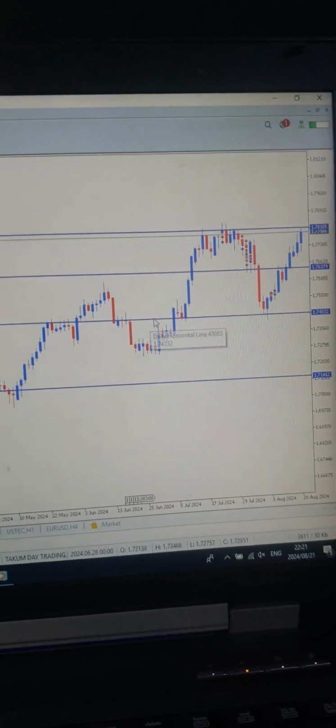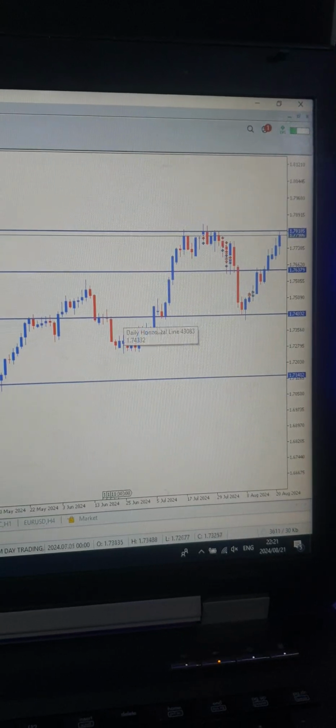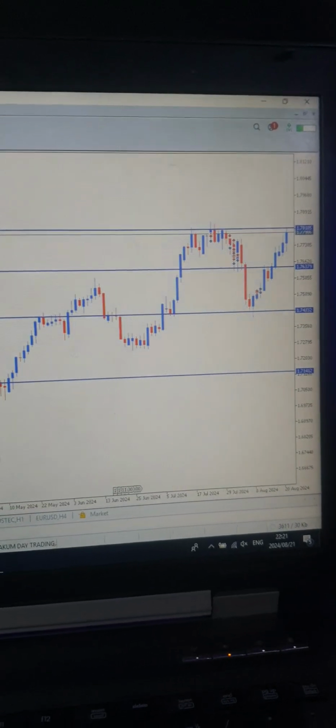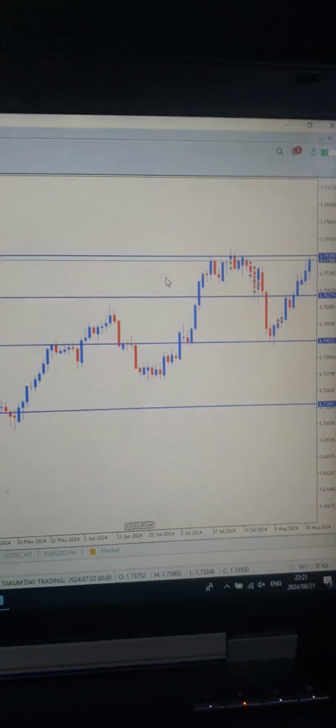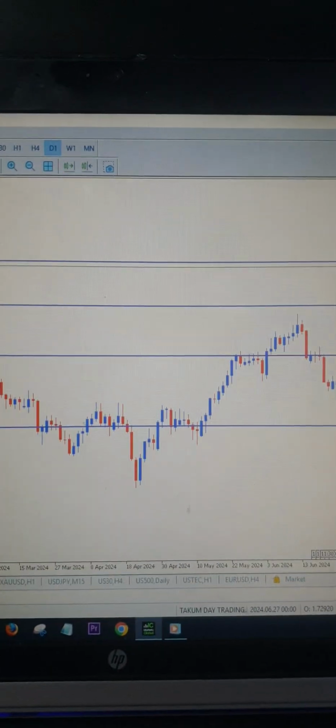If I really can't identify, I'm going to change it to line chart. But when I'm looking at the chart, I already know where to plot my support and resistance. So I've plotted 1 year. This is another one, another 1 year. I have to touch this position.